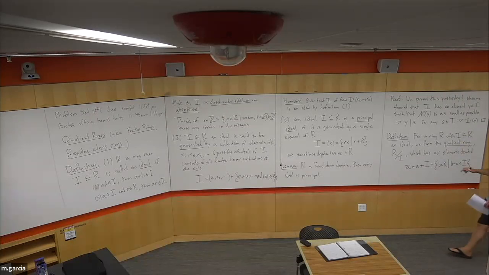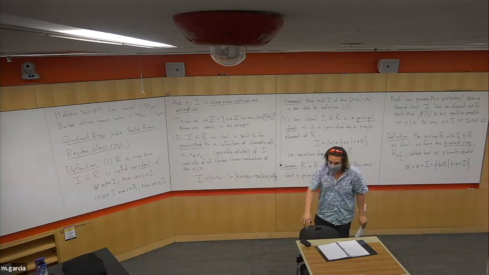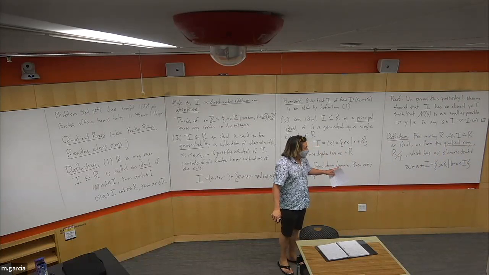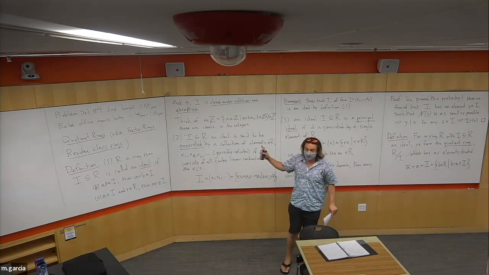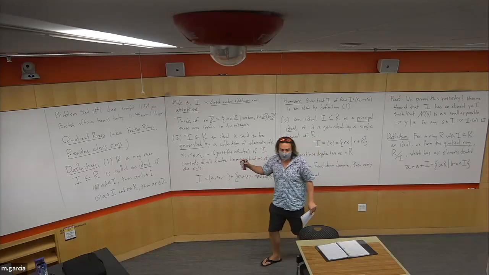So let me just tell you what addition and multiplication are given by here. And then we'll go back for a second and interpret this in terms of Z mod mZ, our most familiar example. Okay.